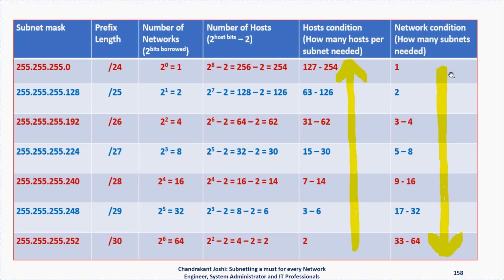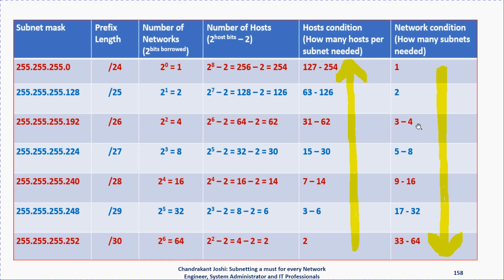According to the network, if you need only one network, then we use /24, which is the default. If you want to have 2 networks, then we use this corresponding value /25, or this is the corresponding subnet mask. If you have more than 2 networks, 3 or 4, then we use this one.